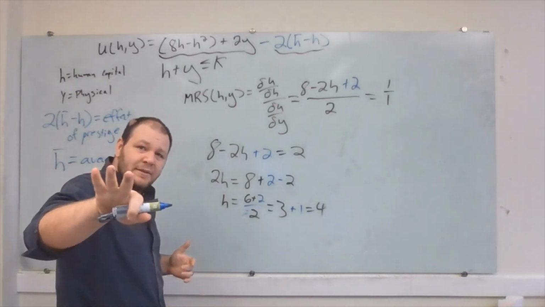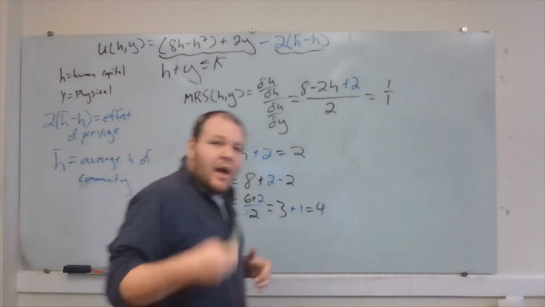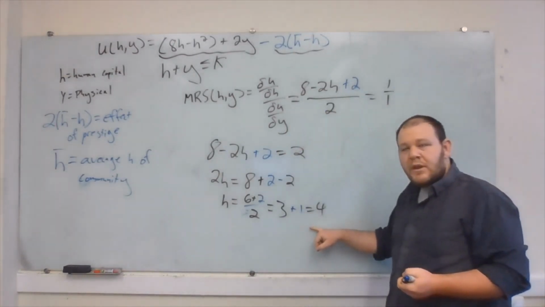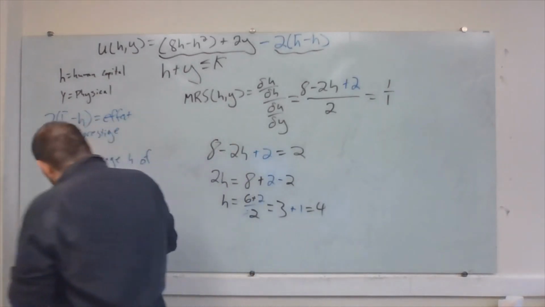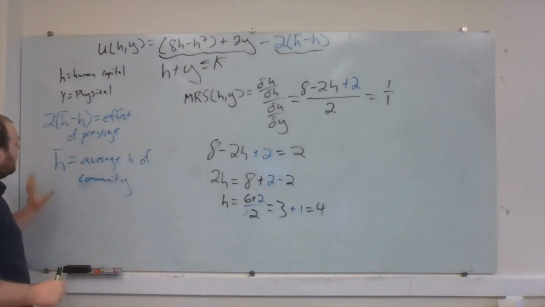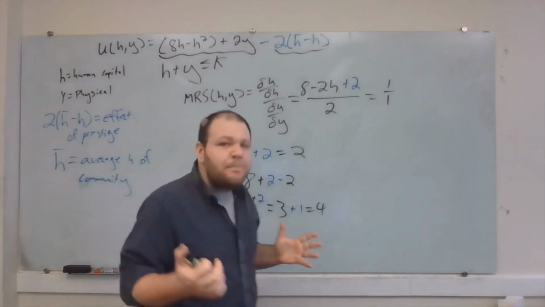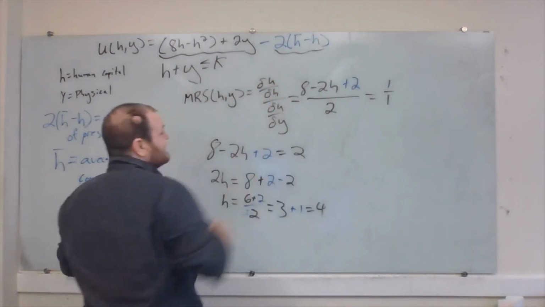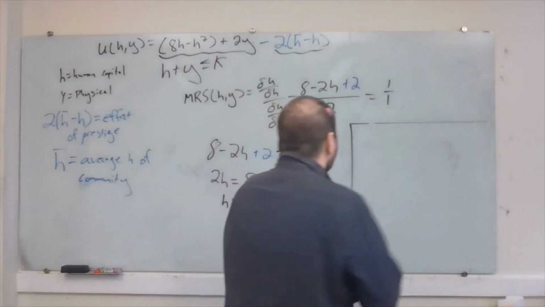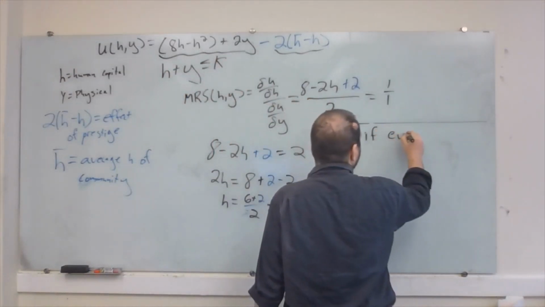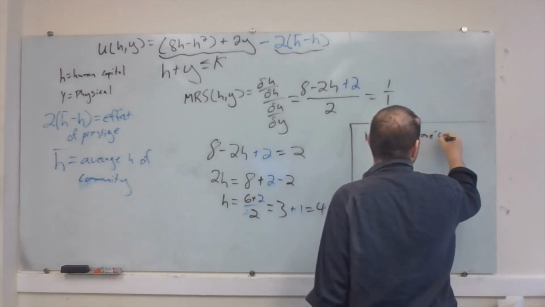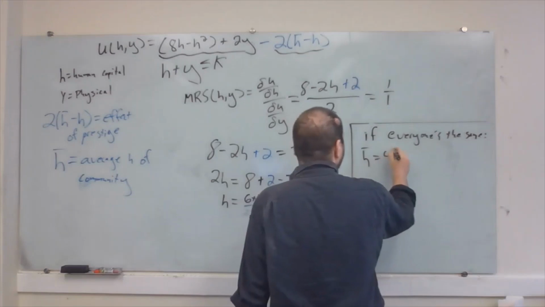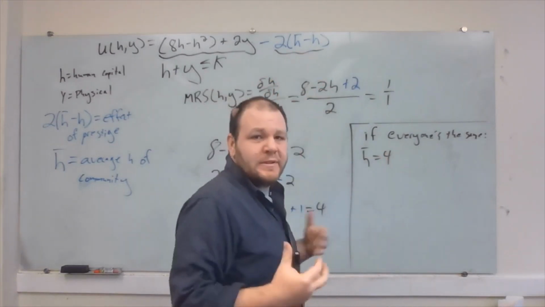This makes sense? Okay. Now, something I want to point out here is, let's think about how this is going to affect your utility. So, in the simplest version of this, let's imagine that you and your cousins and siblings all have exactly the same preferences, all have exactly the same consequences of school. In other words, your siblings are all solving exactly the same problem you are. So in that case, right, if everyone's the same, then we'd have an h bar equal to 4, right, because the average of a bunch of 4s is 4.